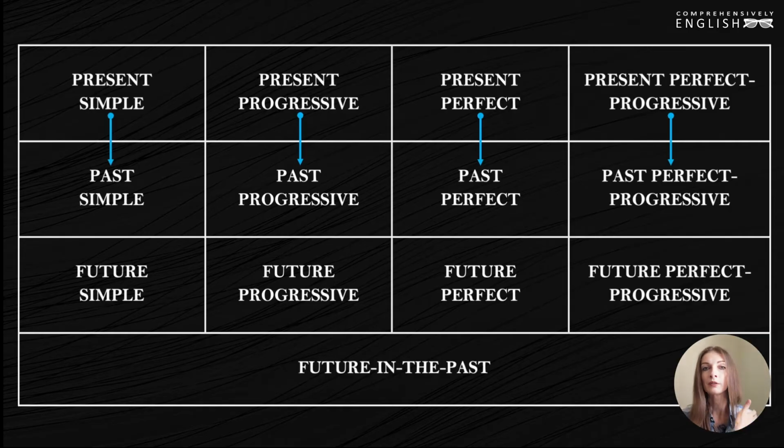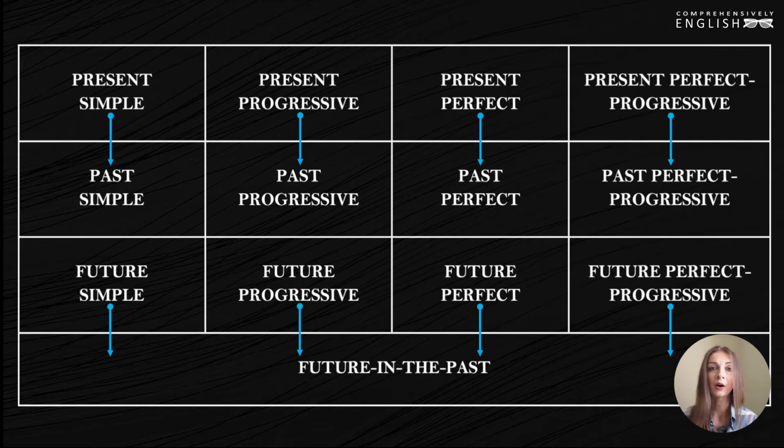Logically, if our direct speech is in one of the future tenses, all the future tenses become future in the past. So the future simple tense, the future progressive tense, the future perfect tense, the future perfect progressive tense will be in future in the past. For example, what does it mean?